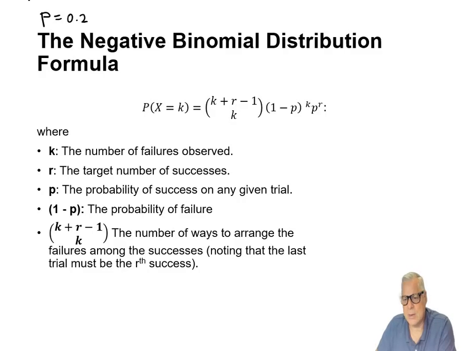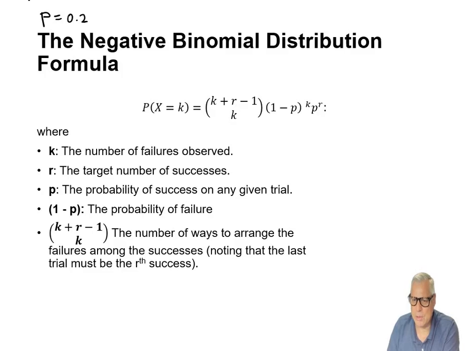If you take a look at this formula, there is already an element that looks very familiar. 1 minus p, that's the failure probability, raised to the number of failures, times the success probability raised to the number of successes. That is very similar to the binomial distribution, if not identical.